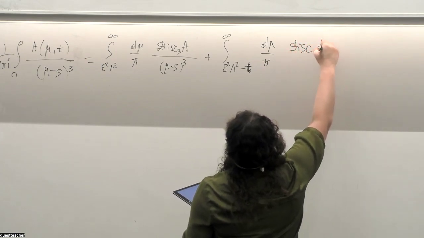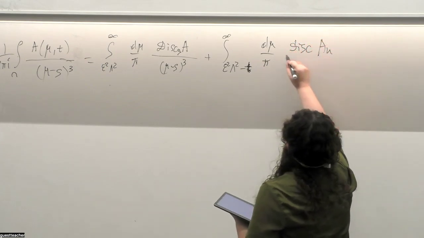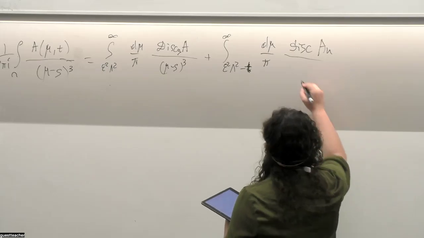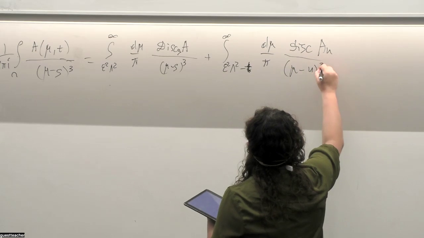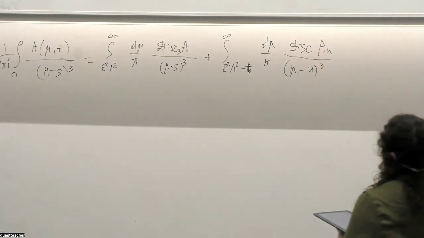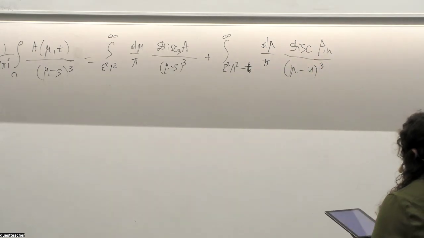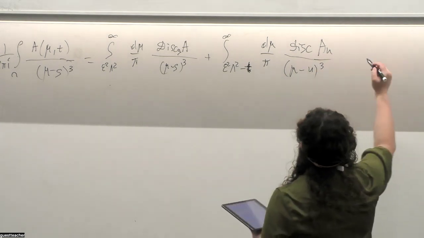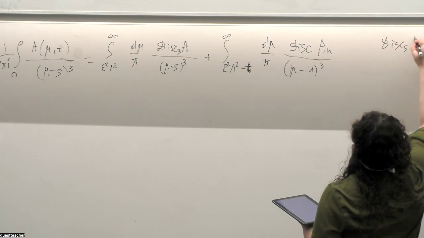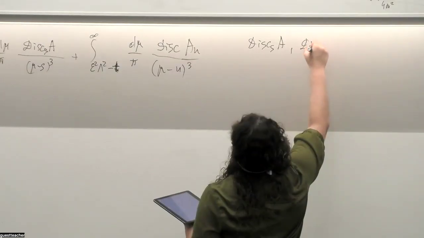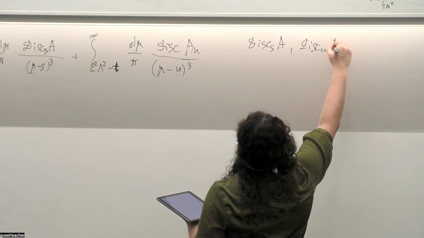And here I have the discontinuity of the amplitude in the U channel, over (mu minus u) cubed. So I can write it in terms of that. And both discontinuities, the discontinuity in s of A and the discontinuity in u of A, are positive.